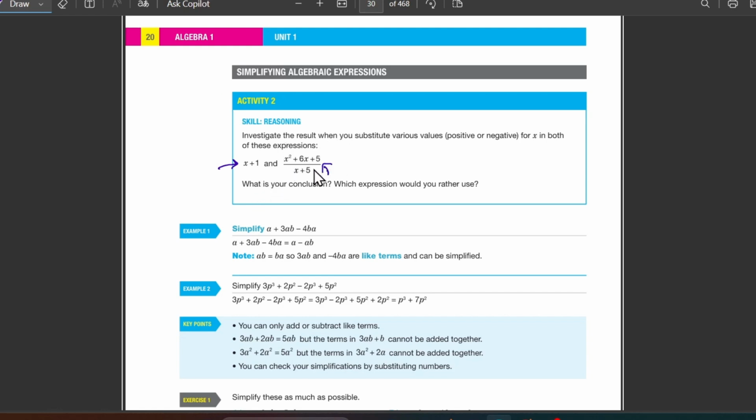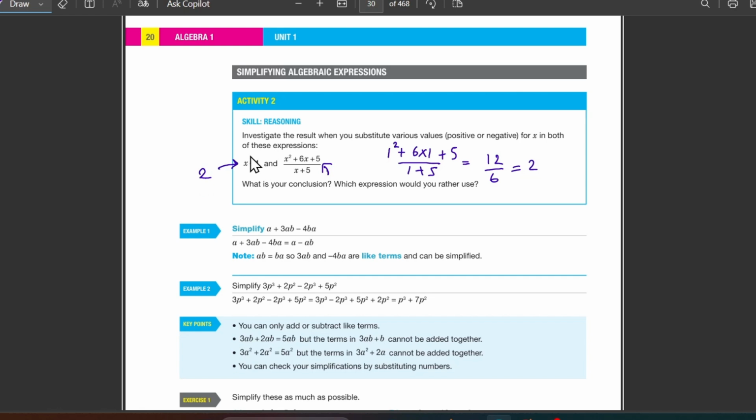So let's take some value like 1. First we get 1 plus 6 times 1, 1 squared, 6 times 1 plus 5, and 1 plus 5. So our answer would be 7 plus 5 is 12, 12 over 6 or 2. So with this we get 2.